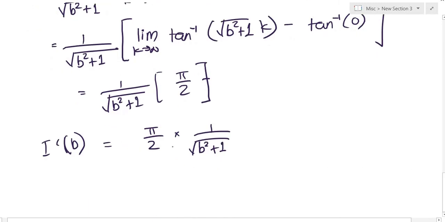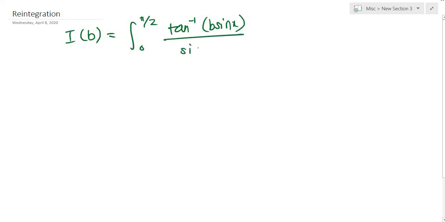Now we need to integrate to get I of b again, but it will be a definite integral, and I'll show you why. So I would like to remind you that our I of b was just the integral from 0 to pi over 2 of the inverse tangent of b times sine of x all over sine of x dx.